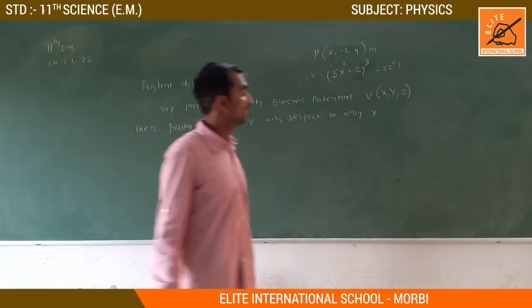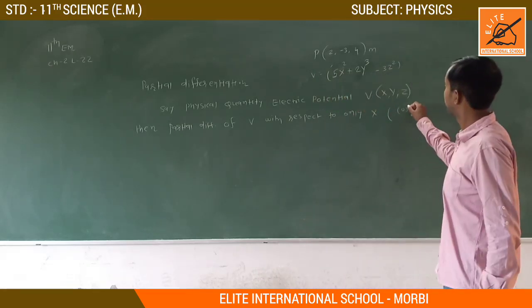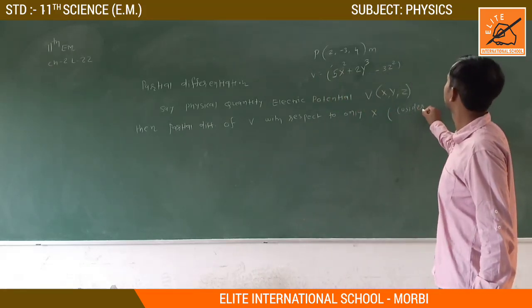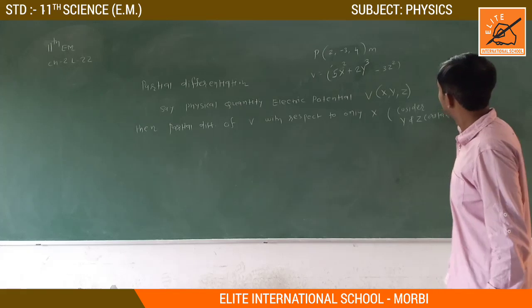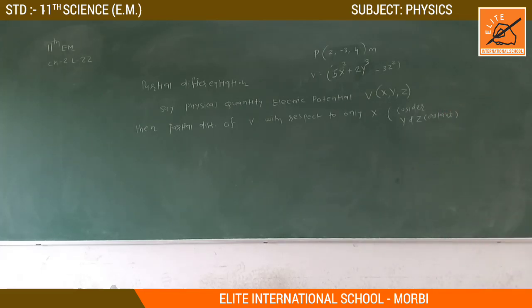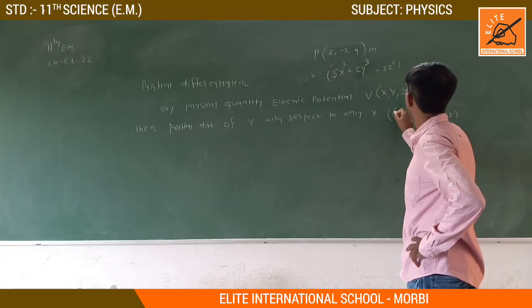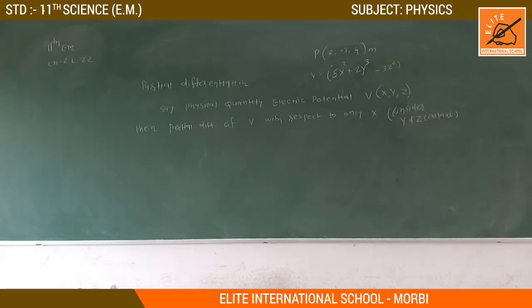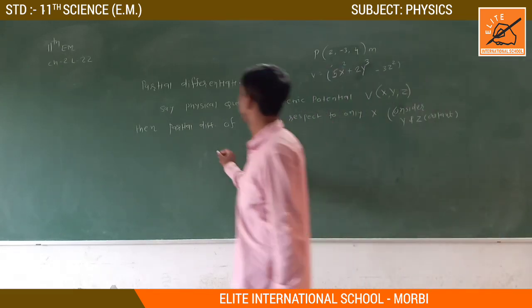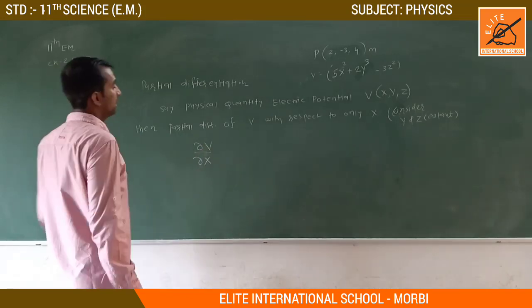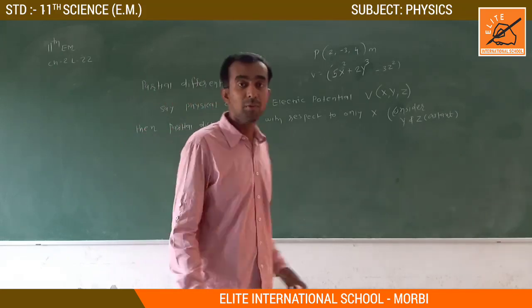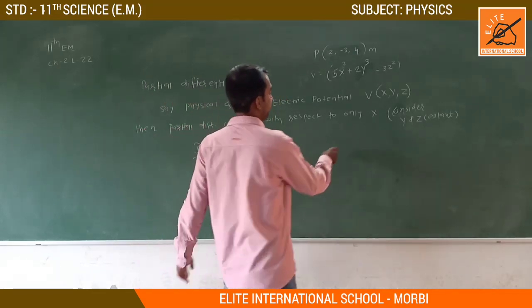Here we are taking y and z constant. Considering that y and z are constant, you can say that. So what will be the answer? That is known as the del.